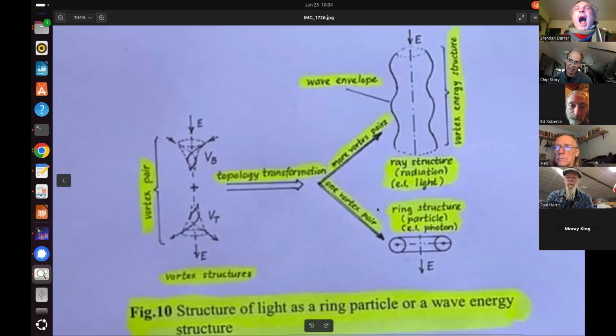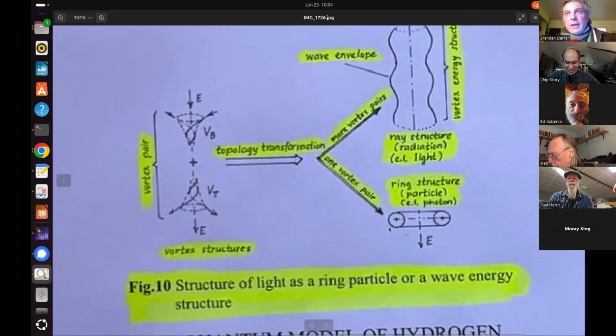In a wave format, the vortex energy structure is the entire wave envelope. Ring array structure, radiation, i.e. light, and then a ring structure, which is a particle. So it's one or the other, depending on how we measure it and look at it.